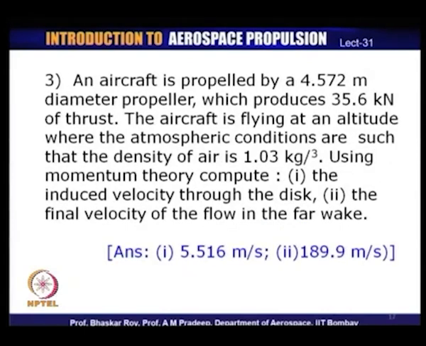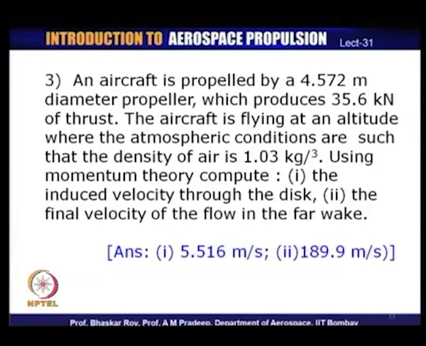The third problem is, an aircraft is propelled by a 4.572 meter diameter propeller, which produces 35.6 kilonewtons of thrust. Thrust, as we see now, would be expressed in terms of kilonewtons for most of the aircraft engines, including propellers and all jet engines.